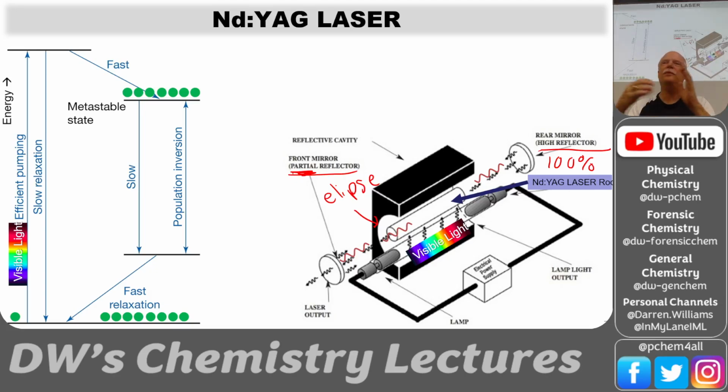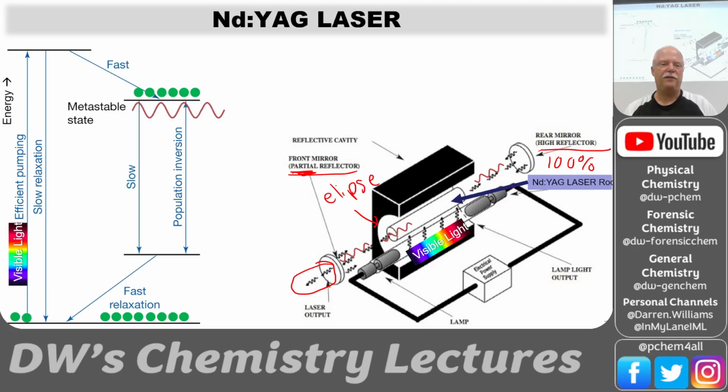And so it can let 20% of the light out or 50% of the light. You want it to be partially reflective so you can set up the resonant cavity, but you want it to leak out. And the leaky light that comes out is what we can then do spectroscopy with. These flash lamps require huge voltages, so this has a large power supply that takes a lot of power.